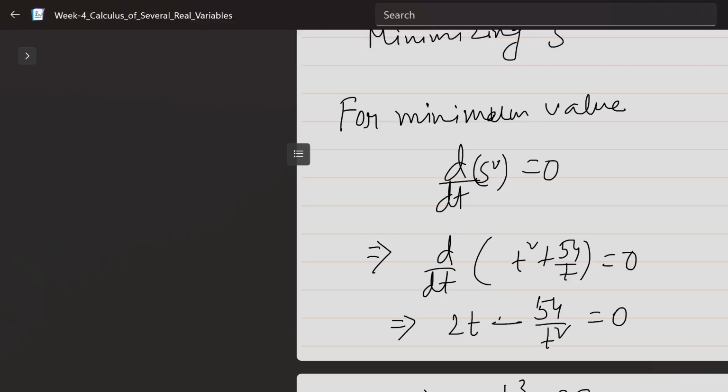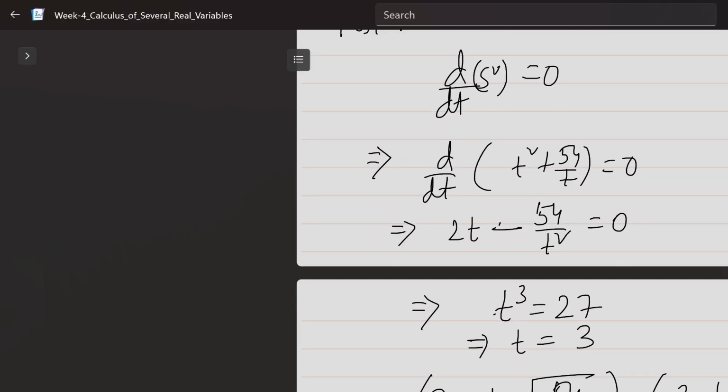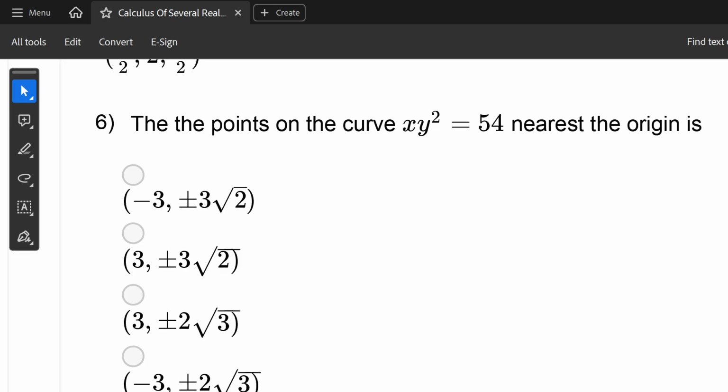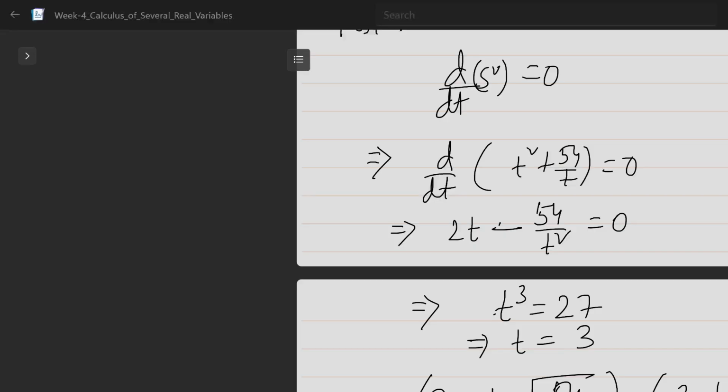So it is 3 root 2. So you understand there are 2 points closest to the origin. Let me see the answer. It is saying 3 comma plus or minus 3 root 2. The answer is B. Okay?